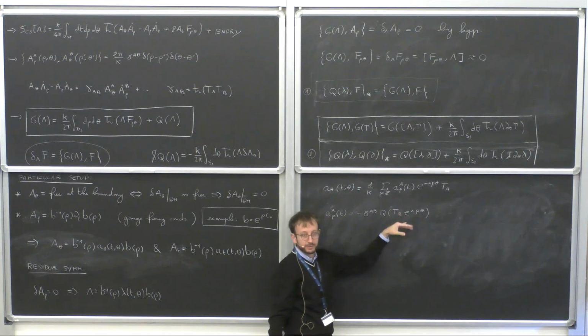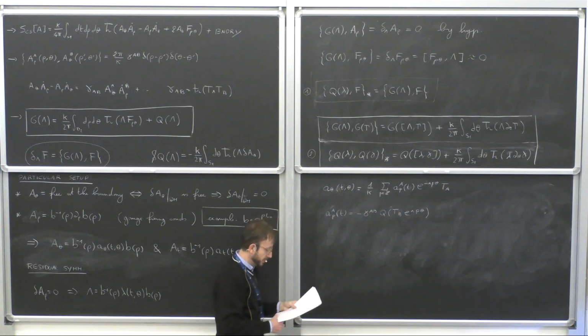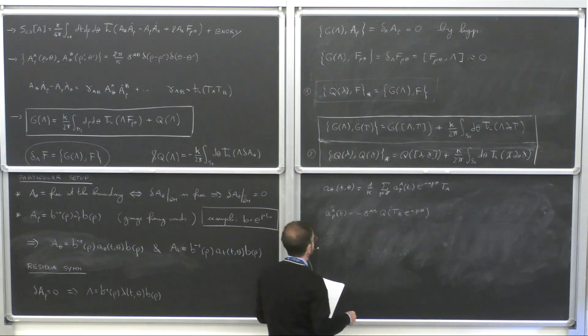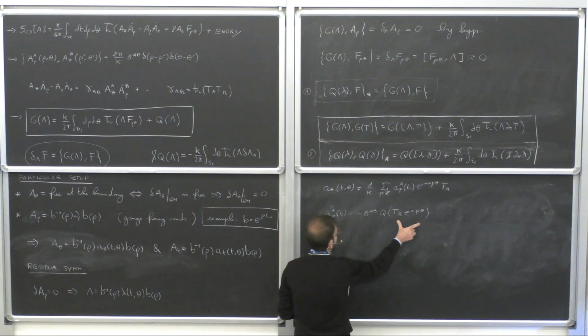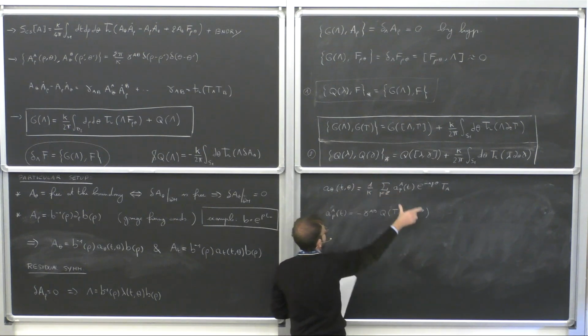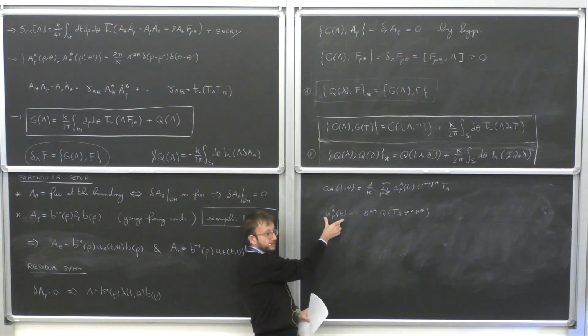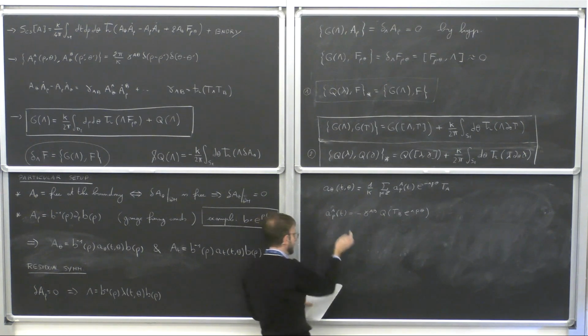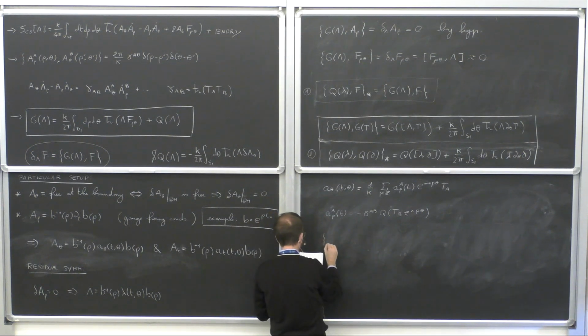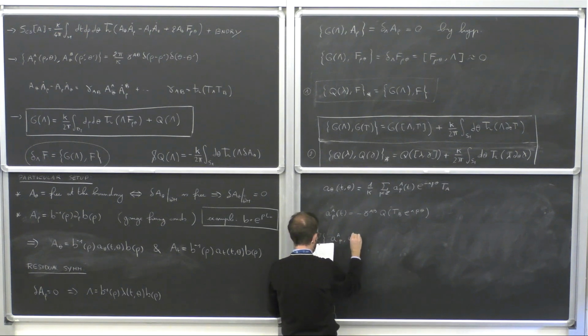So you can do the small exercise of checking that indeed this is correct. And then, since I know the algebra of charges, thanks to this identification, I can compute the algebra of the modes here. And the algebra of the modes is just the following.